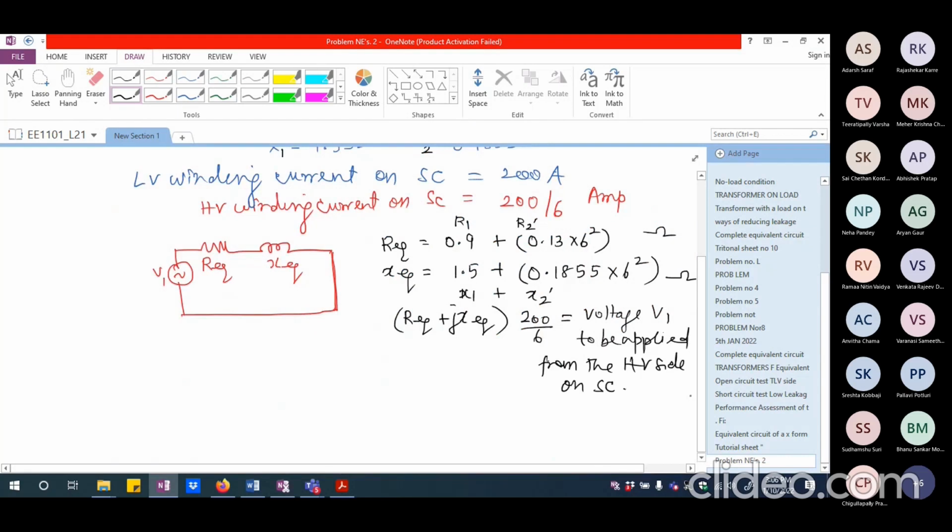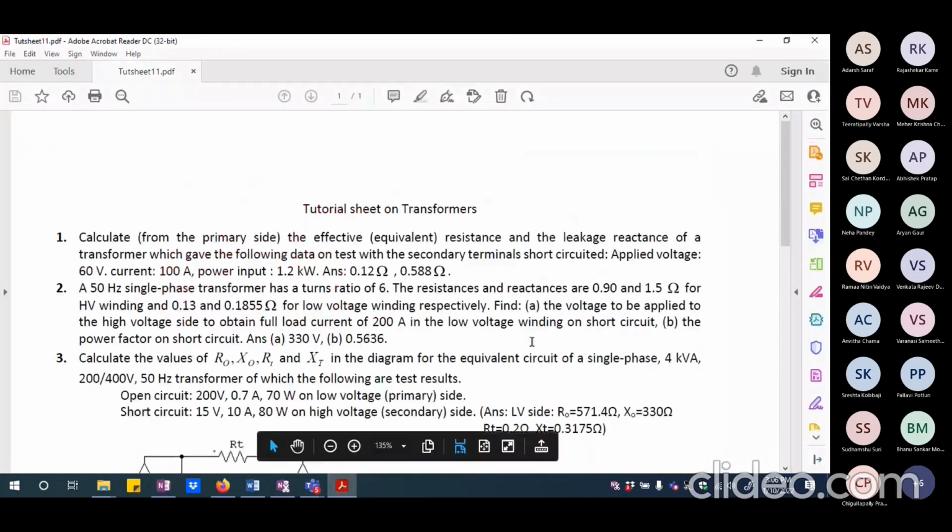Whenever I am talking about short circuit test, the only limiting factor here, which limits the current, is R equivalent and X equivalent, or Z equivalent on the whole. Nothing else is there to limit the current. This is the only thing which is preventing the current from shooting up to infinity. Okay, so you should be able to calculate this voltage, right? So please calculate this and check whether it is matching with the answer.